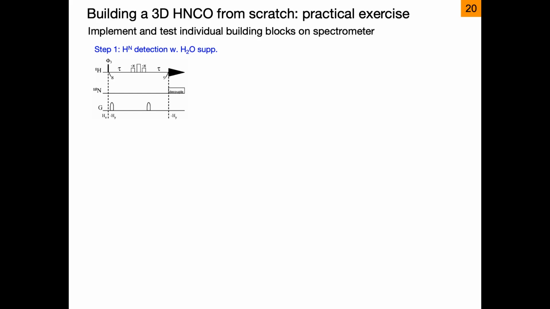And the simplest one to compare, you need an amide proton 1D spectrum for measuring the intensity of your amide proton. And the best to compare is this Watergate sequence.